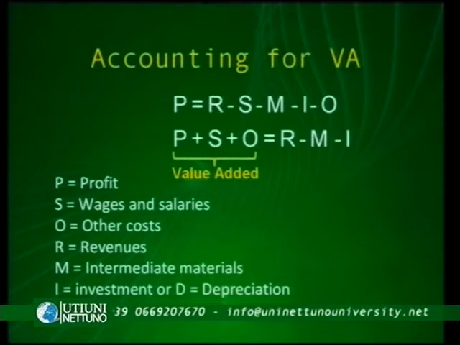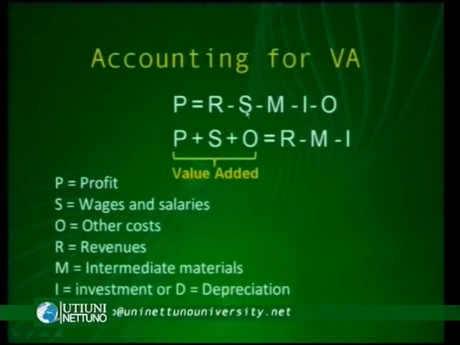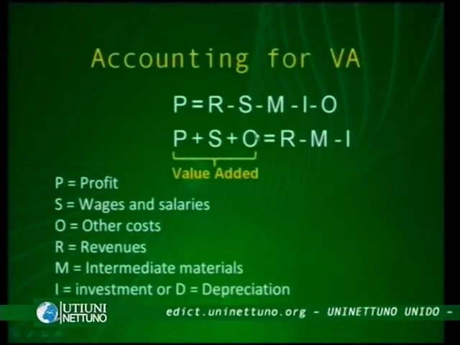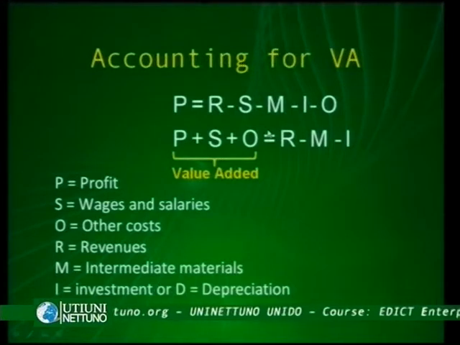In particular, here R stands for revenues, S is the cost for wages and salaries, M is the cost for intermediate materials, I is the investment, and then we'll discuss that a bit more. And O is represented by all the other costs that are rents, interest, and taxes.